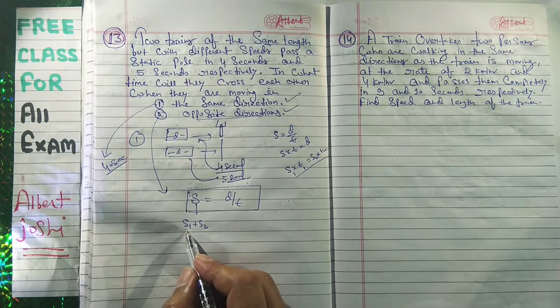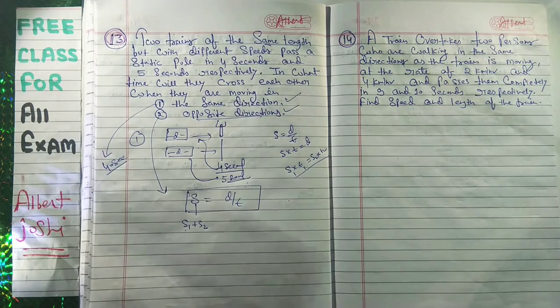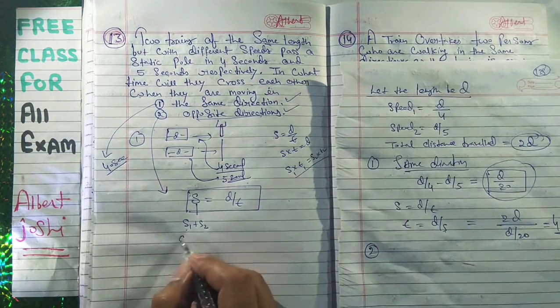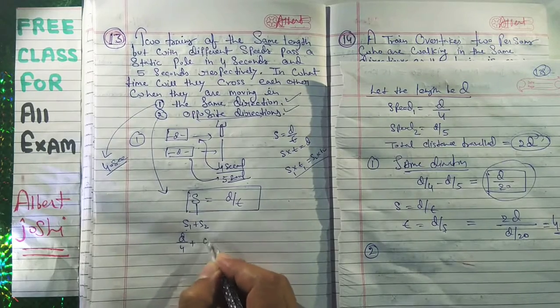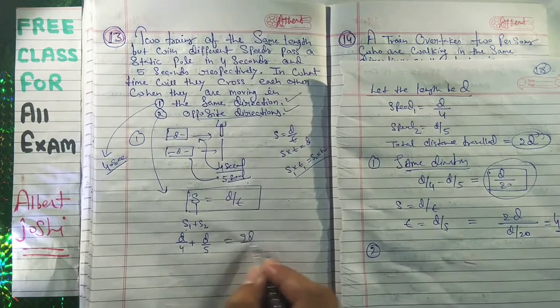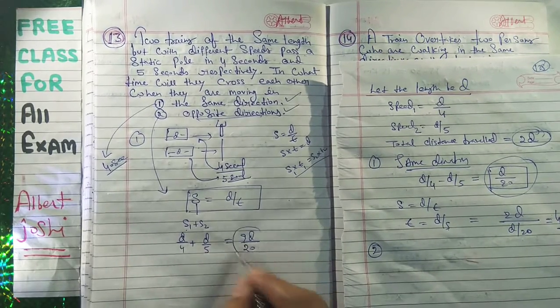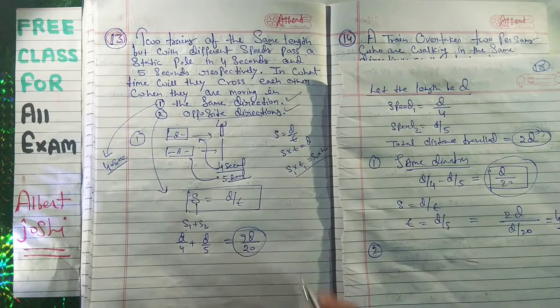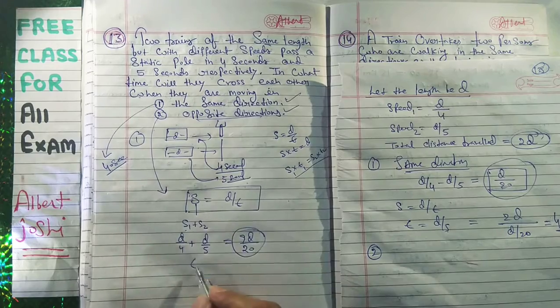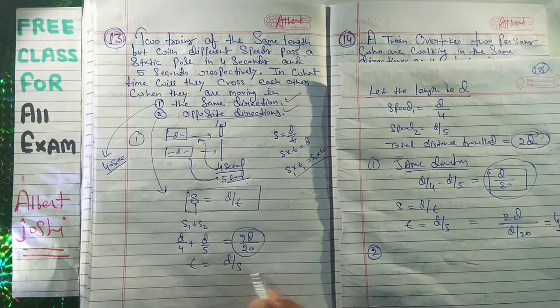Speed 1 is D upon 4, so D upon 4 plus D upon 5. If you add both, 5 plus 4 is equal to 9, so 9D upon 20. This is your speed, and you have to calculate the time. Time is equal to distance upon speed.